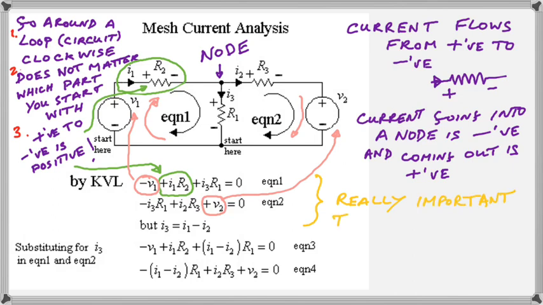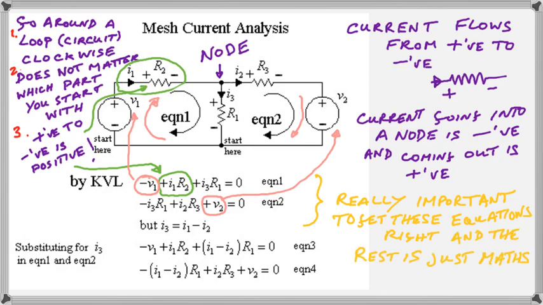Now, once you've written down these three equations, the equations of the two loops and the equation of the node, you really have all you need, and the rest is just mathematics. But it's really important to get these three equations correct.